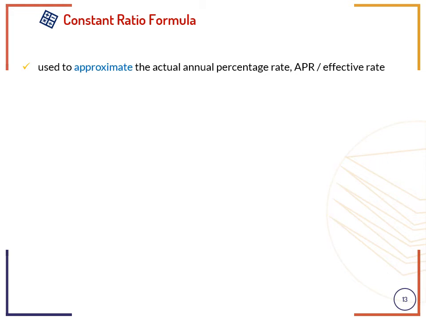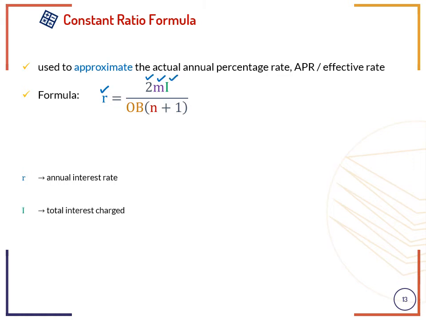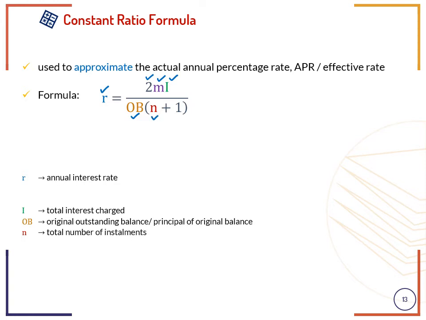The constant ratio formula is given by: annual interest rate equals 2 multiply M multiply total interest charge divided by original outstanding balance multiply total number of installments plus 1.